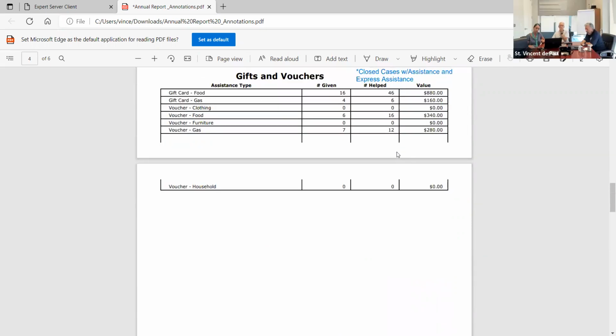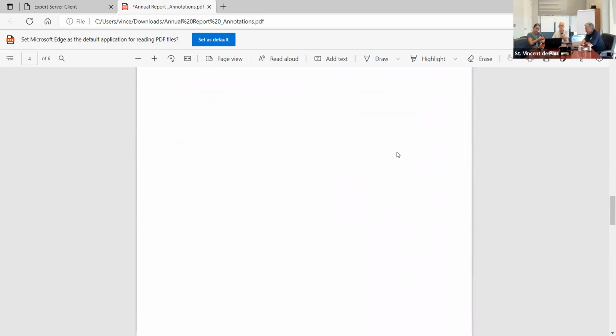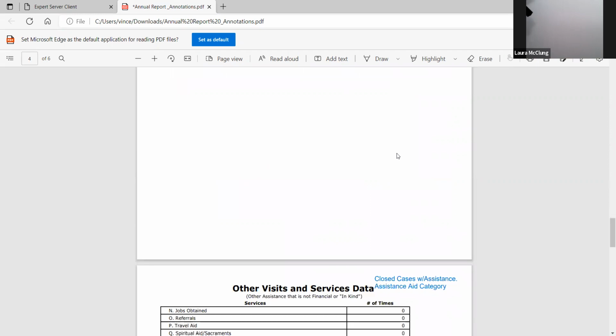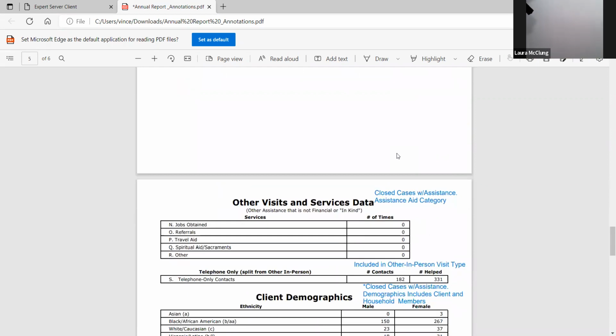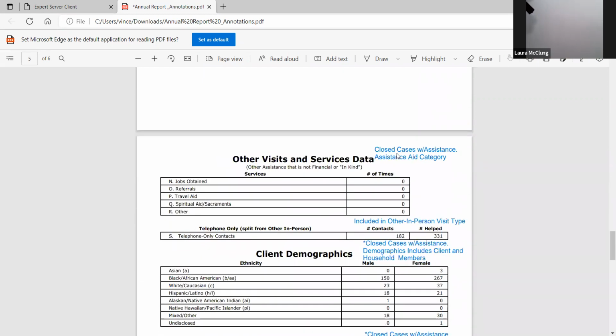So what we do is we have a GroupMe message board, and we discuss the case on the GroupMe message board so that we can find out whether we can help these people or not without them attending. So we count that call as an in-person, even though they didn't come into the meeting?